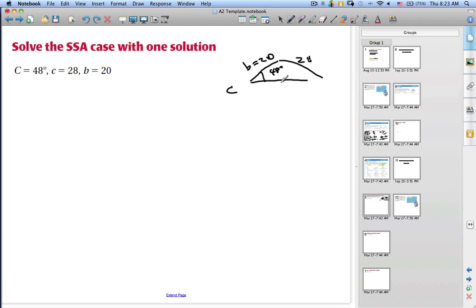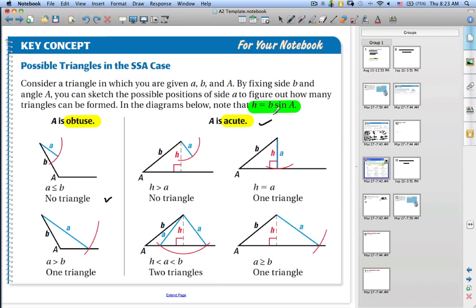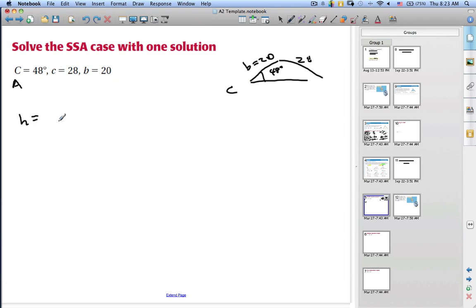Okay, so the first thing I'd want to take a look at is the height. What's the height? Okay, so in this case, if you want to think about it the way they wrote it out, C is their angle A. So I want to find that the height is equal to, let's go back and look at the formula, B times the sine of angle A. So in this case, side B is the same, 20, times the sine of the angle supplied, which is 48 degrees.